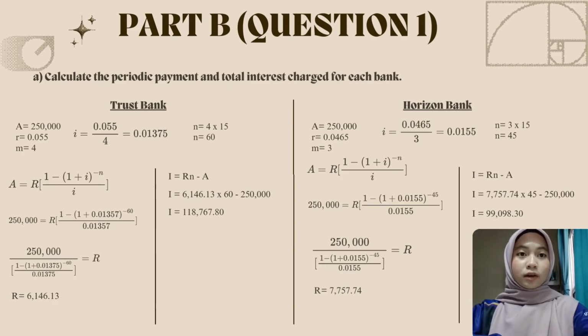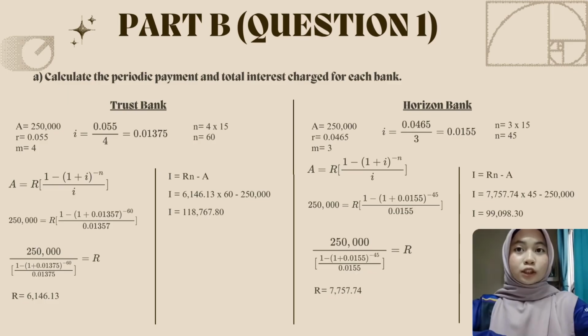Now let's calculate the periodic payment and total interest charge for Horizon Bank. A equals 250,000, R equals 0.0465, and M equals 3. I equals 0.0465 divided by 3, and we get 0.0155. For N equals 3 multiplied by 15, and we get 45. 250,000 equals R[1 minus (1 plus 0.0155)^-45] divided by 0.0155.